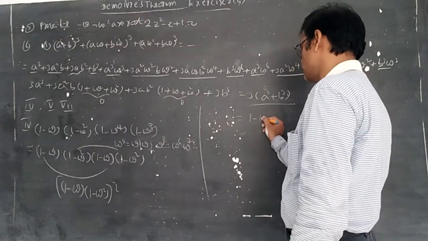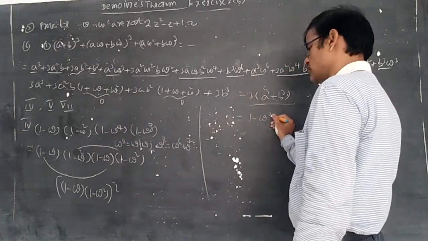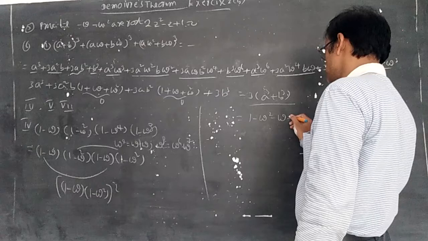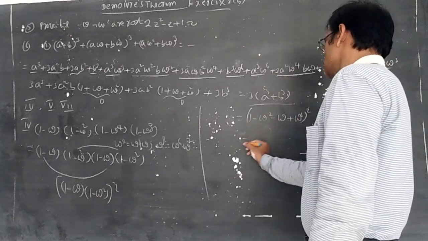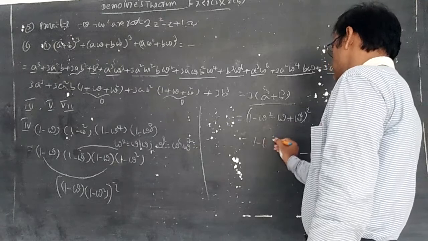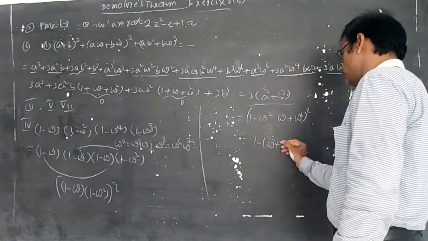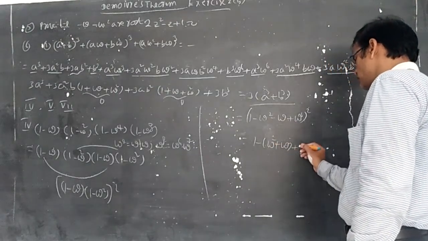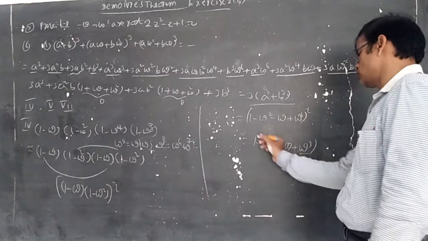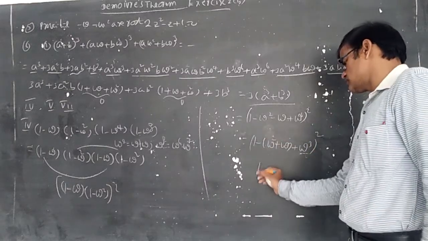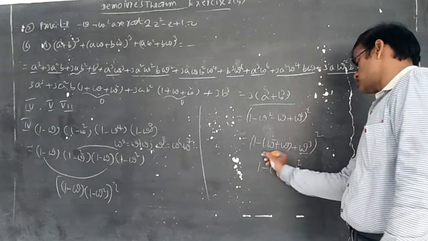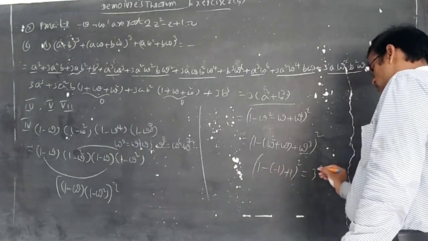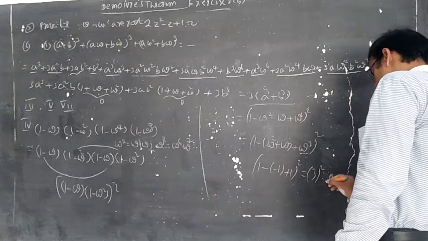Multiply, you will get here 1 minus omega square minus omega plus omega cube total whole square. That is equal to 1 minus of omega square plus omega, minus omega cube, whole square. This is 1 minus of minus 1 plus 1 whole square. This is 3 whole square becomes 9.